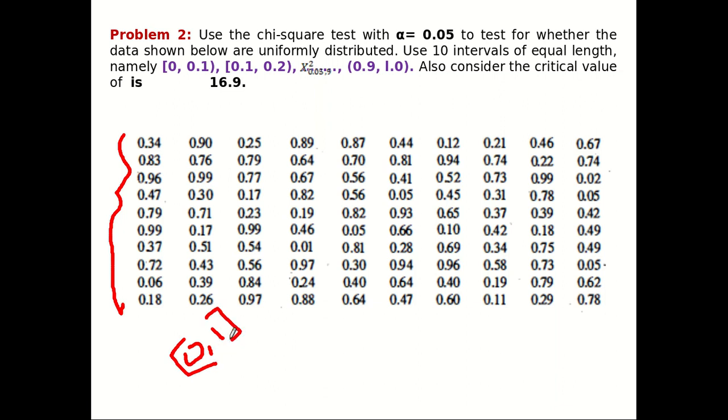They have asked you to consider 10 intervals of equal length. The first interval is 0 to 0.1, the second interval is 0.1 to 0.2, and so on, and the last interval is 0.9 to 1.0. And this is the critical value you have to consider.